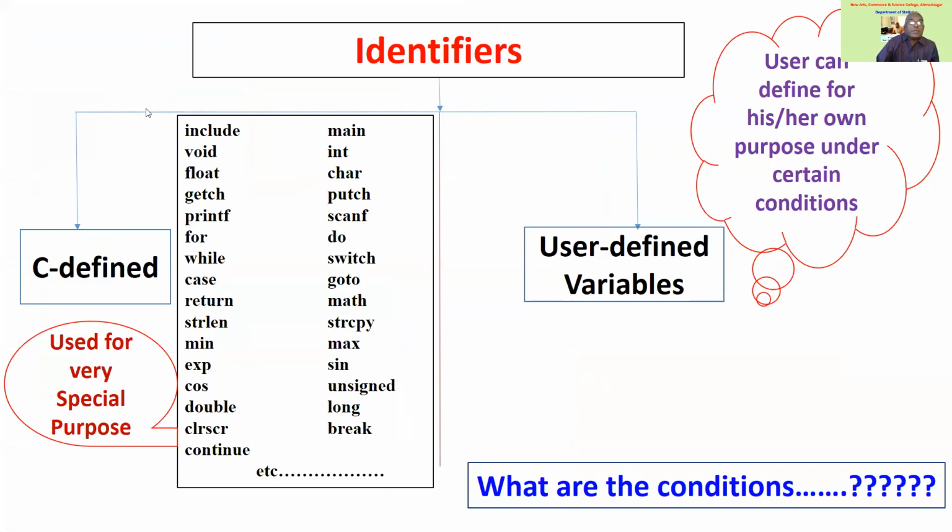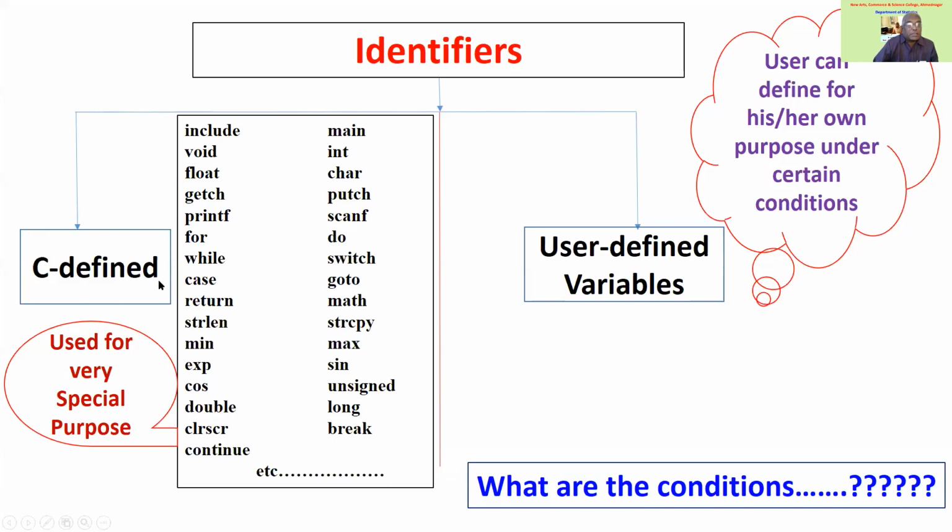In C, there is a concept of identifier. In statistics, we call them variables. So variables are named identifiers in C language. There are two kinds of identifiers in C language. The first one is C-defined identifiers.